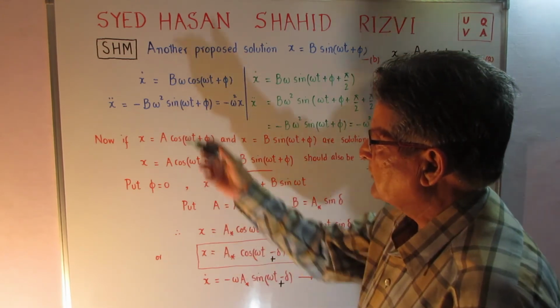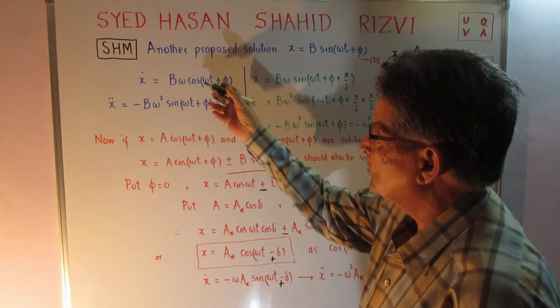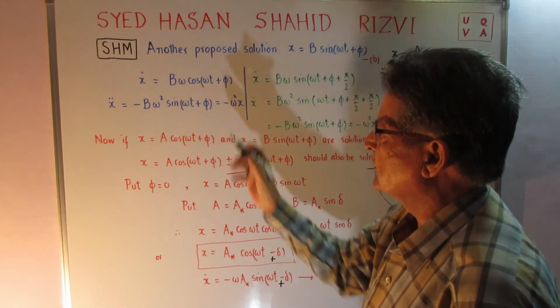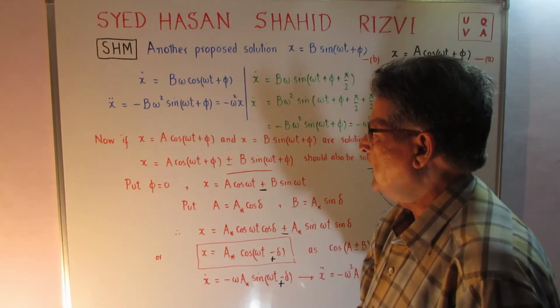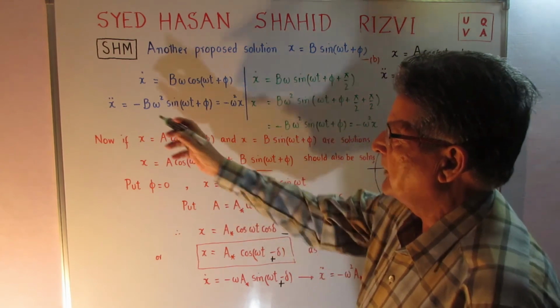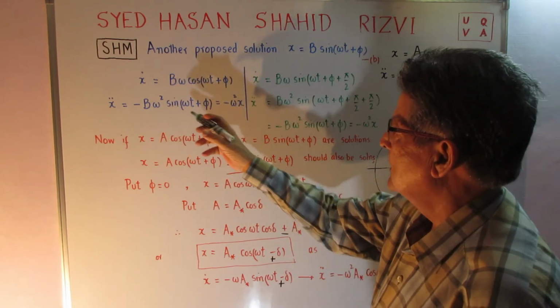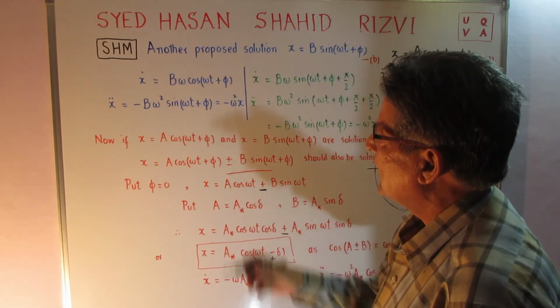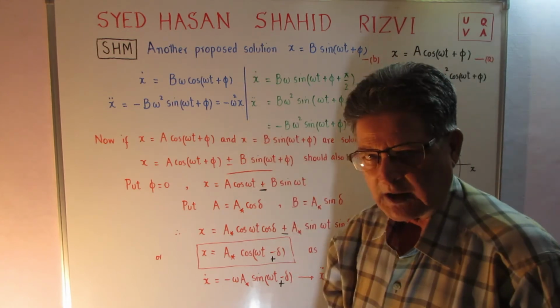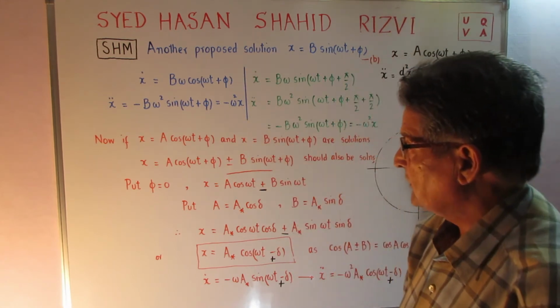Next time when we differentiate again, cosine becomes a minus sine function, and so I write minus b omega square sine of omega t plus phi, which becomes equal to minus omega square x, as it was.